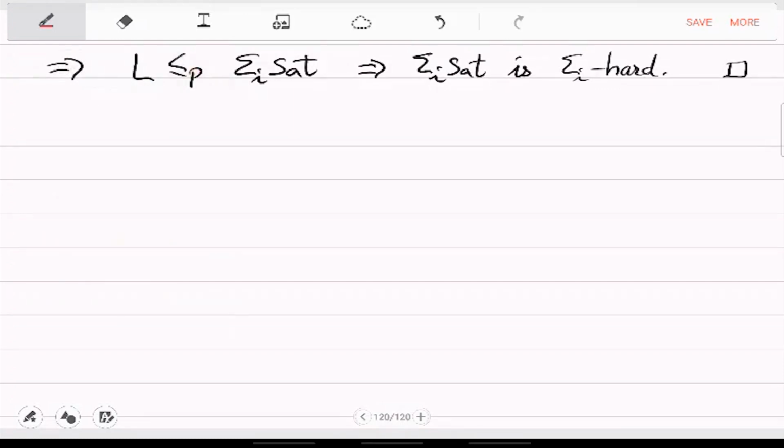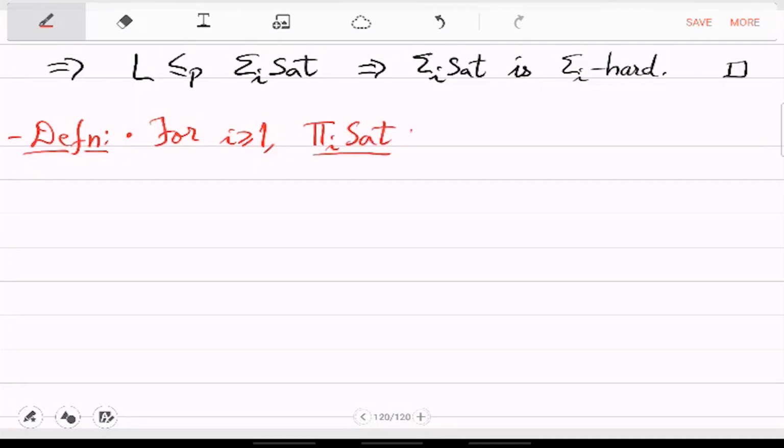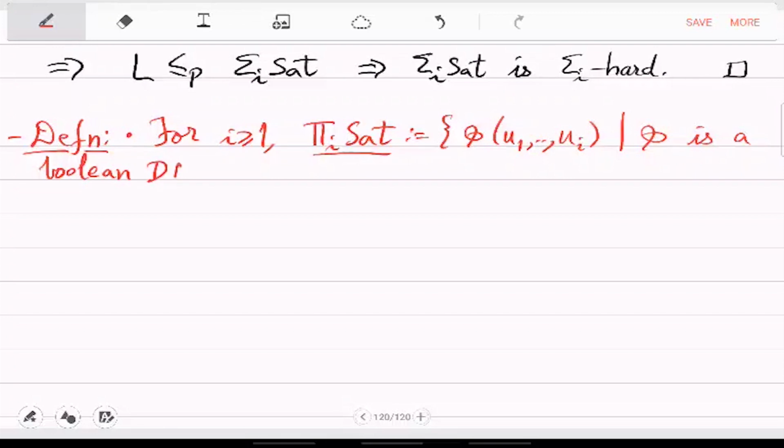And in a similar way, we can also work with pi I SAT. So pi I SAT will start with for all quantification. So phi, u1 to ui, such that phi is a Boolean DNF, the complement of CNF.